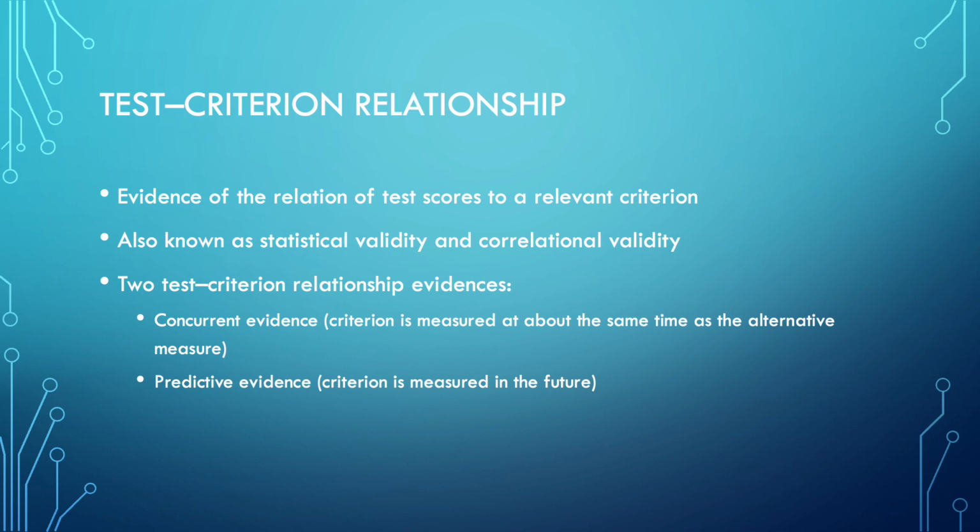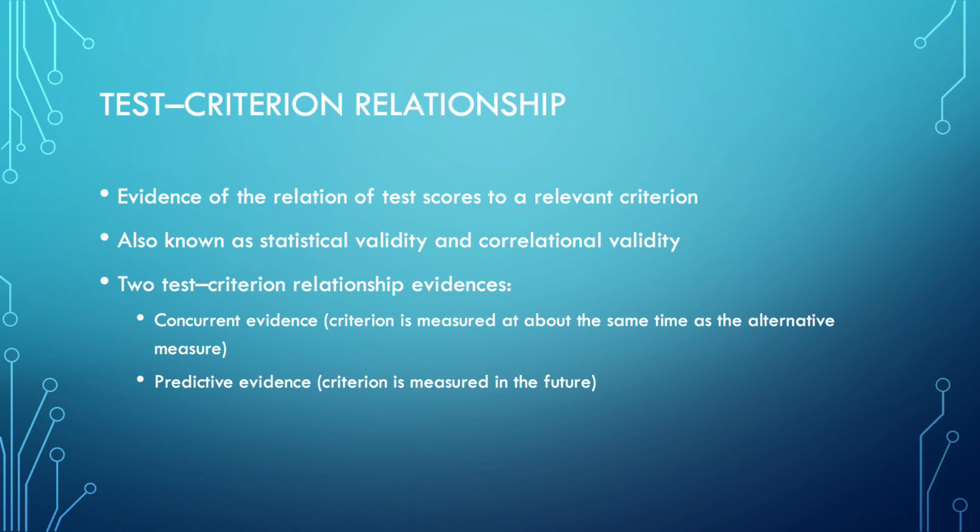So the validity is based on determining the systematic relationship between the criterion and other measures used to estimate the criterion. In practice, the test criterion relationship is confirmed by establishing a statistical relationship between the test and the trait being measured.